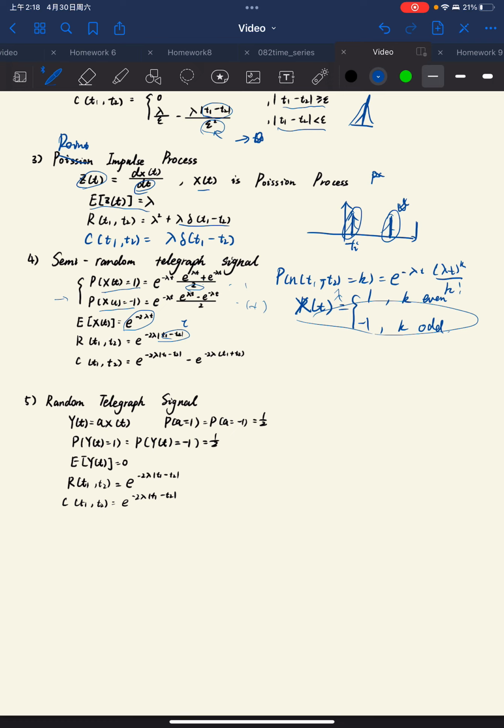And the autocovariance is equal to e to the power of negative 2 lambda times the absolute value, then minus e to the power of negative 2 lambda times the summation of t1 and t2.